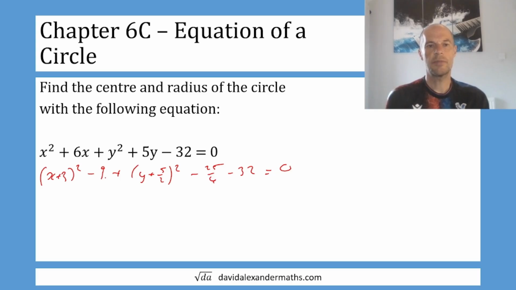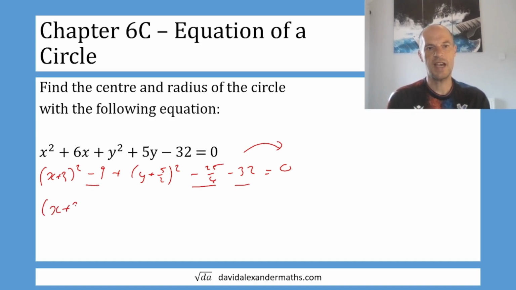Okay, so what we can see now is that it's starting to look a little bit like the equation of a circle. I've got an x plus something squared and a y plus something squared, and if I just move the minus 9, the minus 25/4 and the minus 32 over to the other side, then that will be my radius squared.